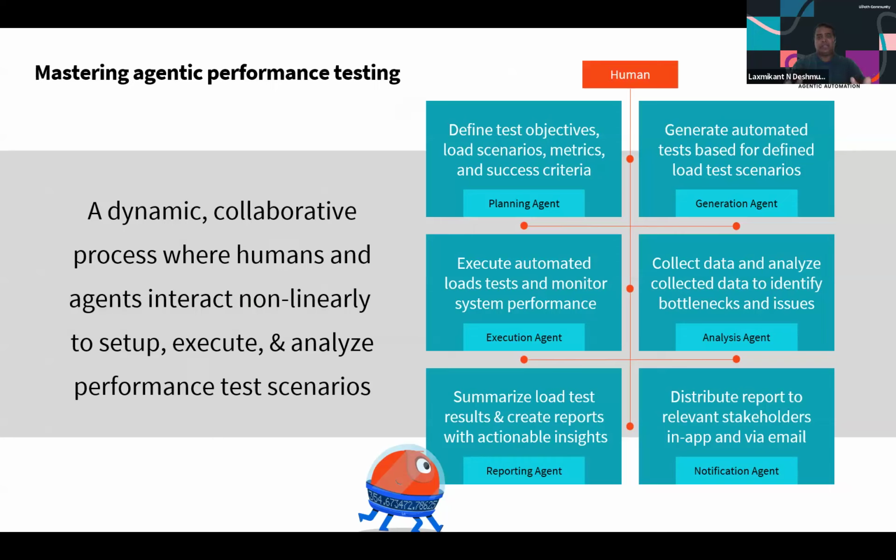So there are planning agents available to define your load scenario, the objectives, and the success criteria. There are load generating agents that can help you generate the load based on your requirement, what kind of load you want to generate. There are execution agents that will help you execute the automated load test and monitor the system performance, right? And then analysis agents will help you collect the data, analyze it, and identify the bottlenecks and the issues.